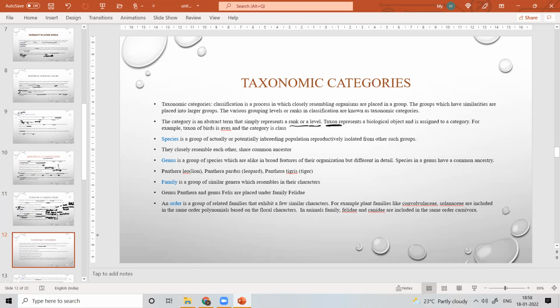So for example, the taxon of birds is Aves. That means birds are considered as Aves, and this is the class of the birds. Birds belong to the class called Aves.